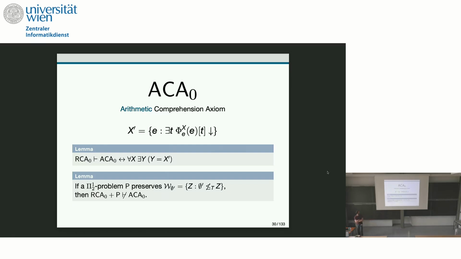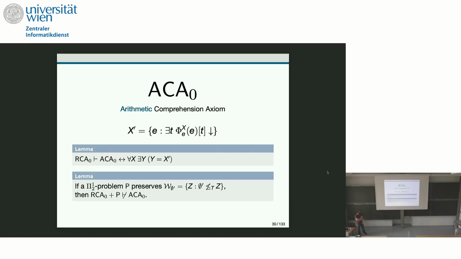So over RCA0, ACA0 is equivalent to the statement: for every x, the jump of x exists. So there exists a set y such that y is equal to the jump of x. So it is more formulated as a Pi^1_2 problem, with only one instance. Well, not only one instance, but each instance has only one solution, which is the jump of it.